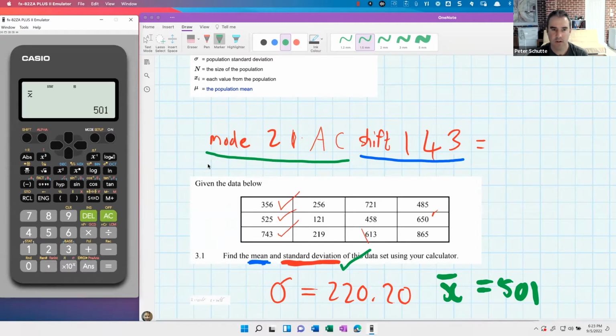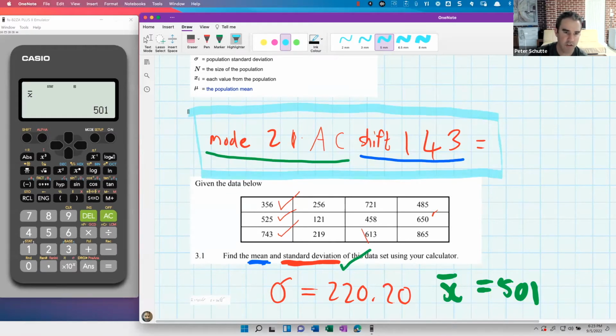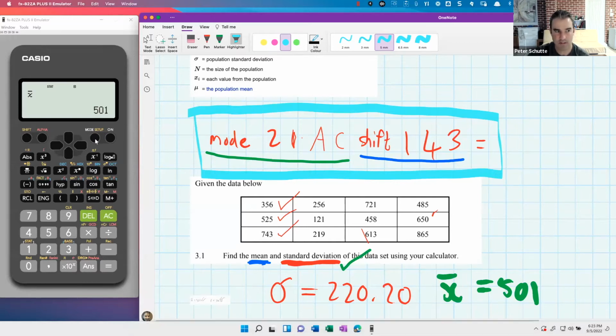Okay. So what I want to suggest is, we're going to do another practice example of this. Take a screenshot if you need to, these are the magic instructions. Now, when you go on to the next question, you need to make sure that your memory is clear. How do you clear your memory? Probably the easiest way is just to hit mode and hit 1.